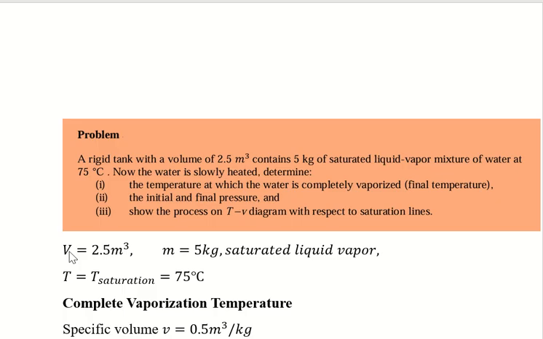So you have to represent it with capital V. The mass they've given us is 5 kilograms, and it is of the saturated liquid-vapor mixture. Since we're talking about a saturated liquid-vapor mixture, whatever properties they give us, temperature and pressure, are saturation properties. That means this 75 degrees Celsius is the saturation temperature.